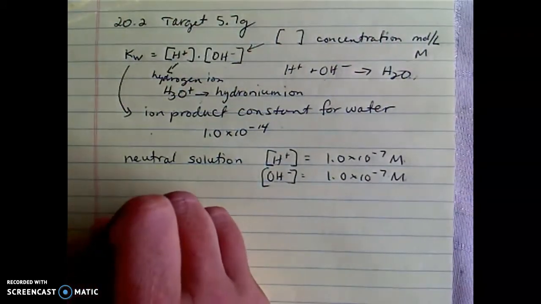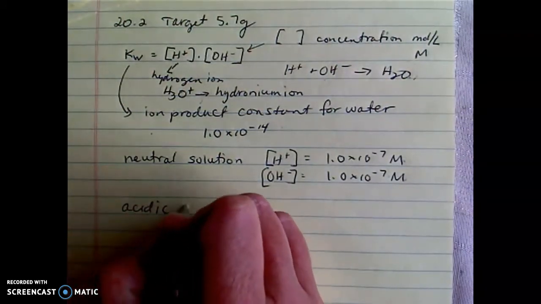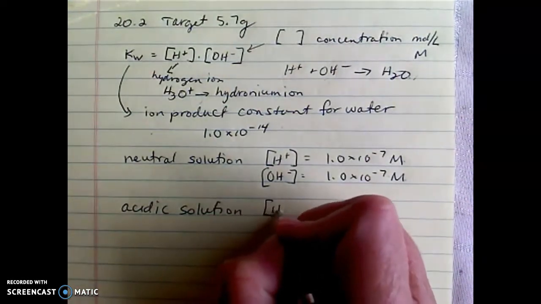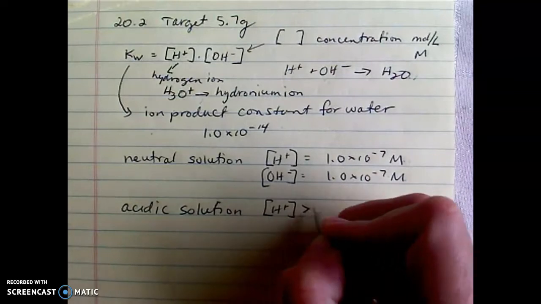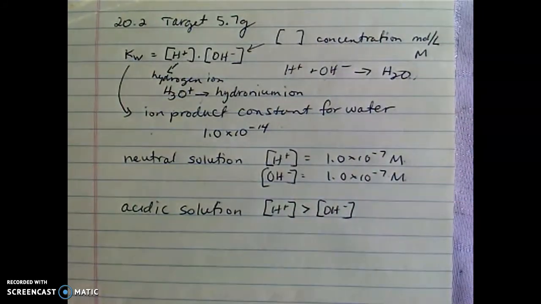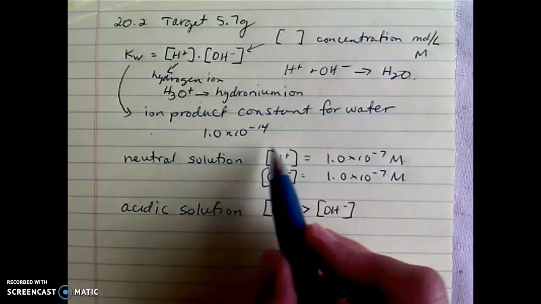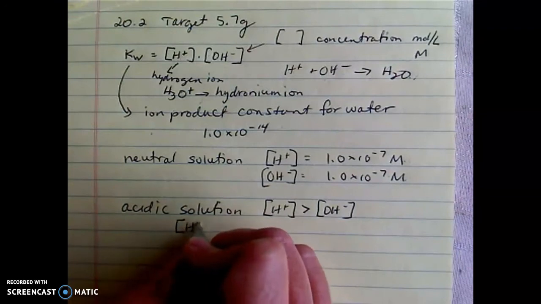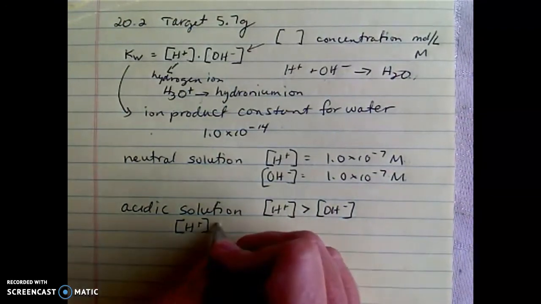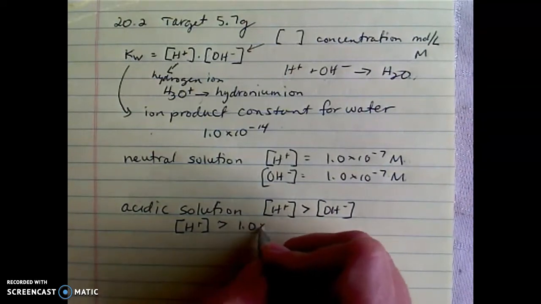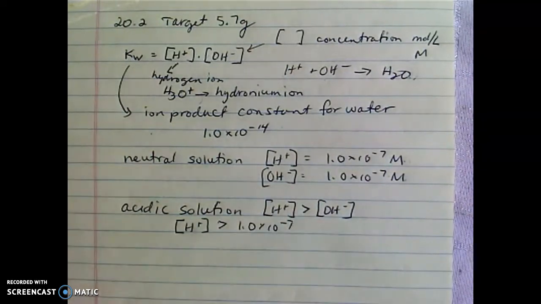Now, if you have an acidic solution, that's going to mean that your H plus is greater than your OH minus concentration. So when we're looking at an actual concentration, if it's going to be acidic, your H plus concentration would have to be greater than 1.0 times 10 to the negative 7.